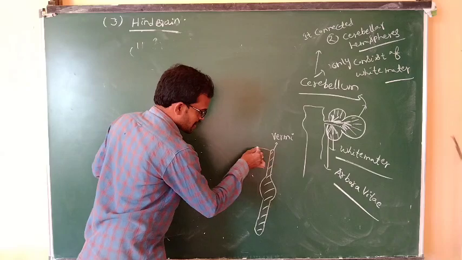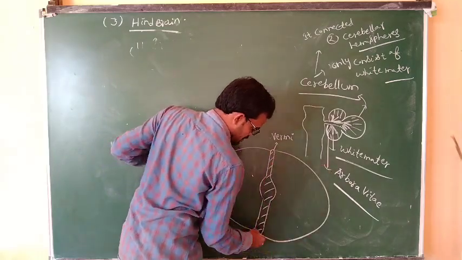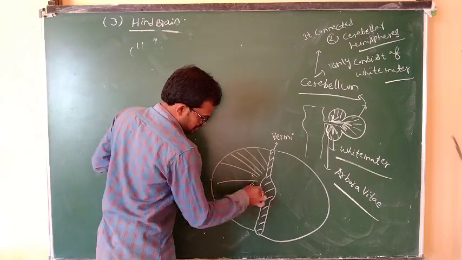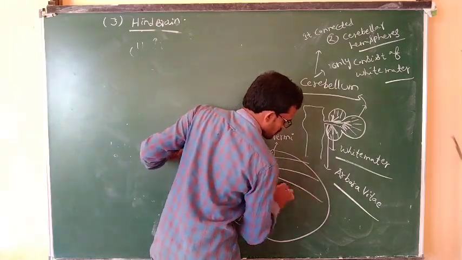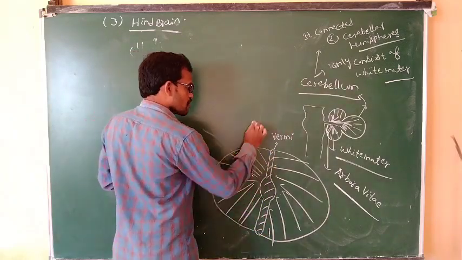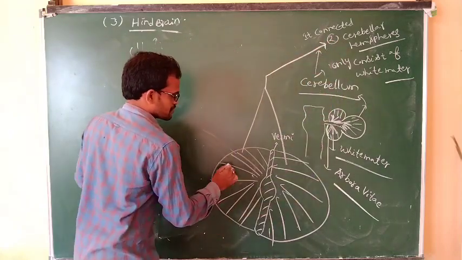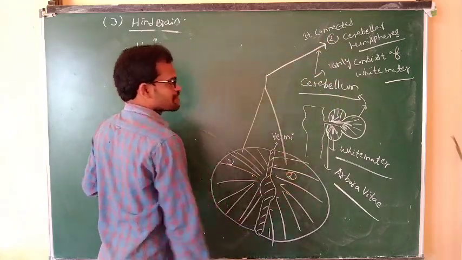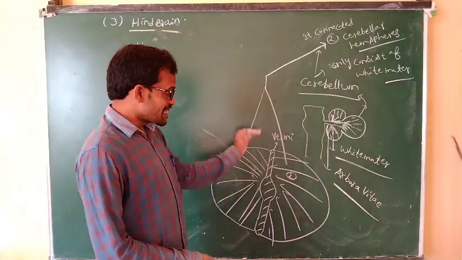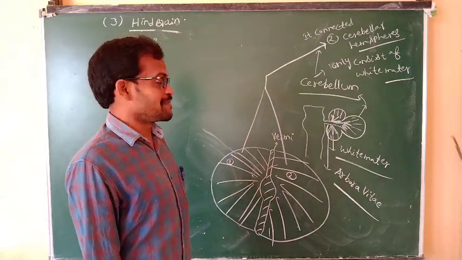The cerebellum is connected to the cerebellar hemispheres by the vermis part. These two indicate the cerebellar hemispheres.